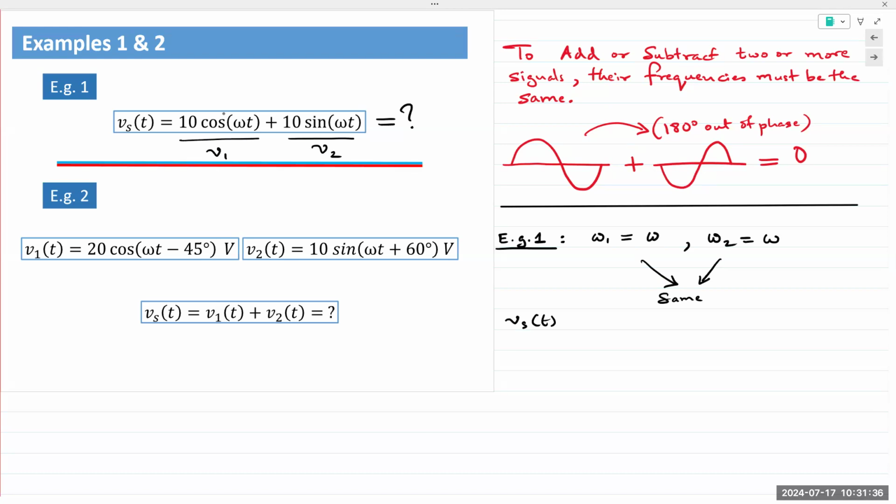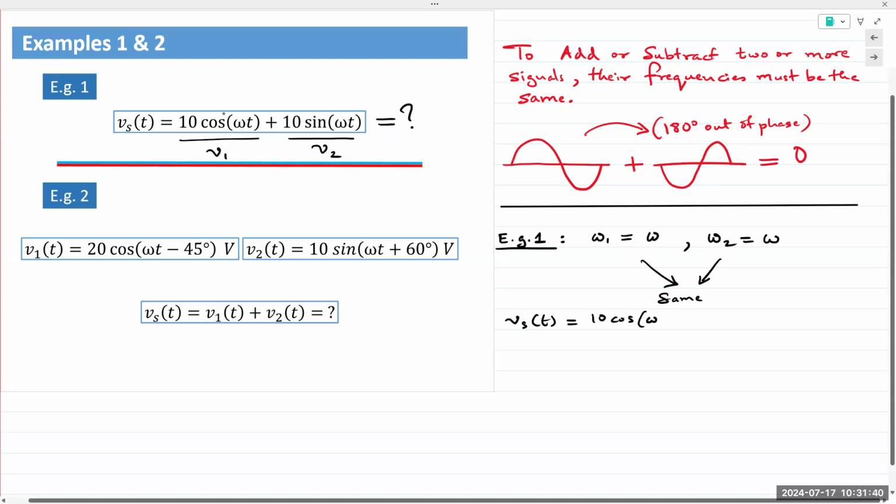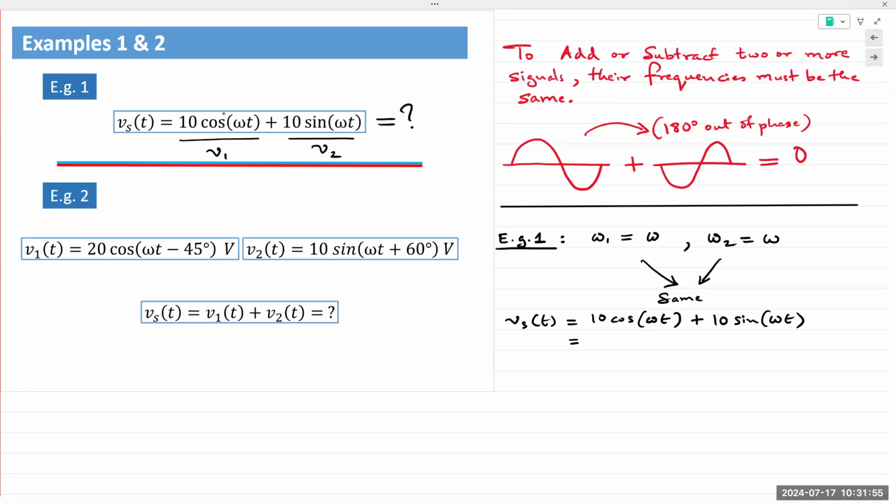So if Vs of t is 10 cos omega t plus 10 sine omega t, I'm going to convert this to polar coordinates. I'm going to write the phasor. I'm going to perform phasor transform on these.